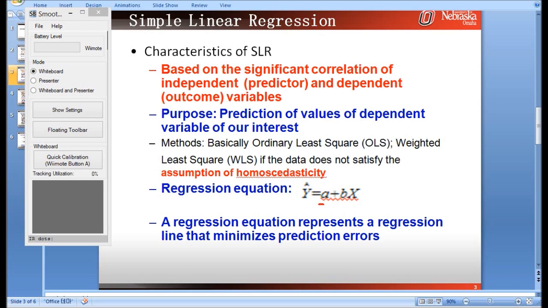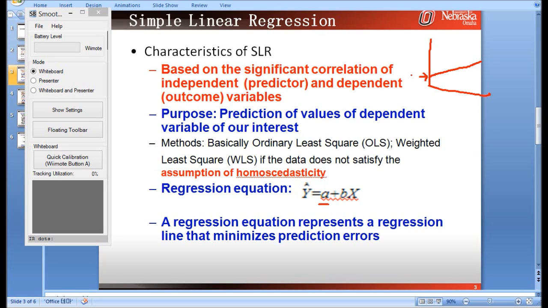A here is the intercept, I mean the point where the regression line intercepts the y-axis. Okay, if you have a regression line like this, intercept A is right here.